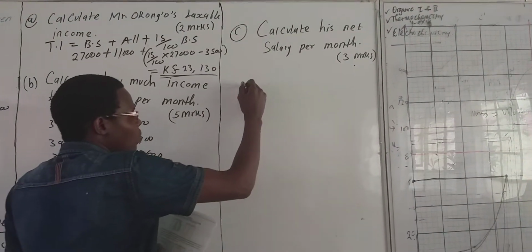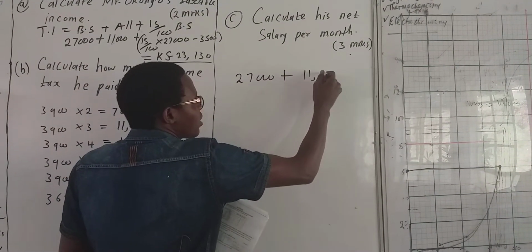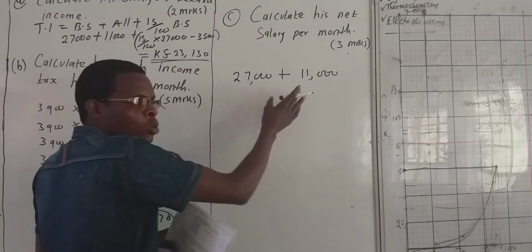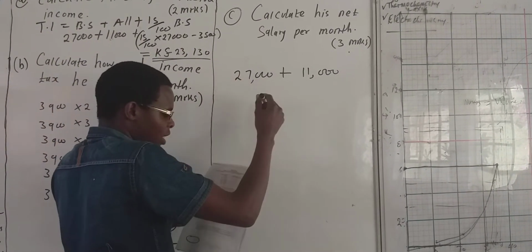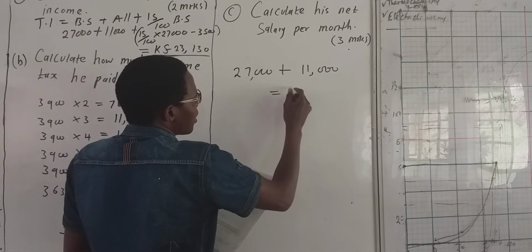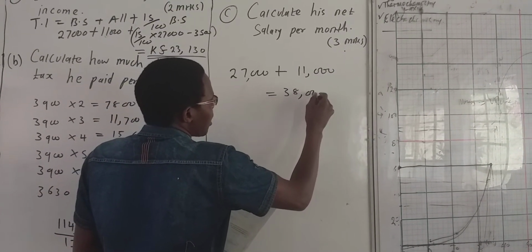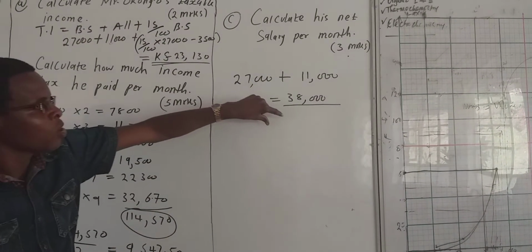The basic salary was 27,000 plus the allowance was coming to 11,000. So the total amount of money this person was earning is 27,000 plus 11,000, which is giving us 38,000. This is the total amount of money which was entering into the account of this Mr. Okomo.